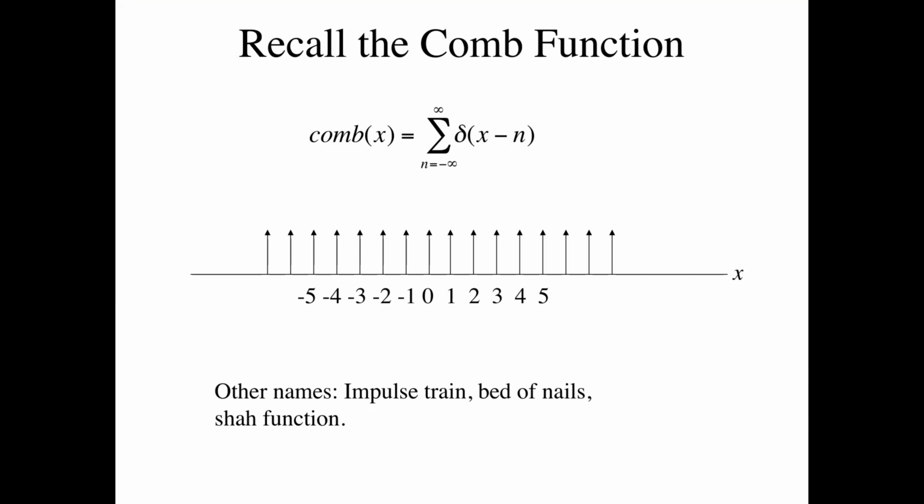You would integrate your function across this thing, and you would just get the values of the function at those points, because that's what the delta function does. The impulse train is another term for this, or we'll just call it the comb function.